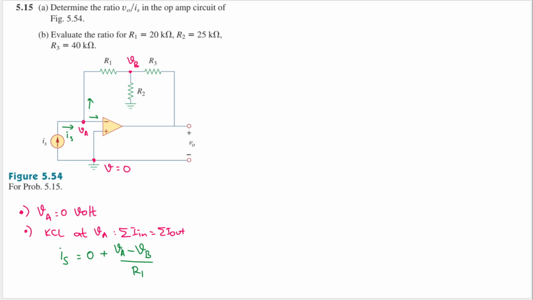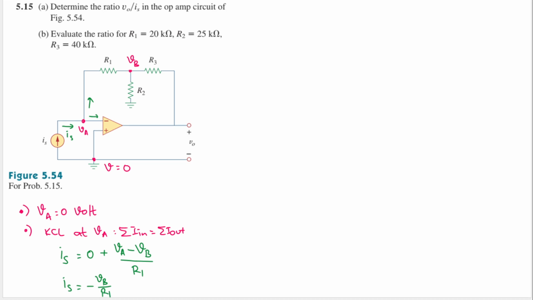But VA is equal to 0, so we will have IS is equal to minus VB divided by R1.